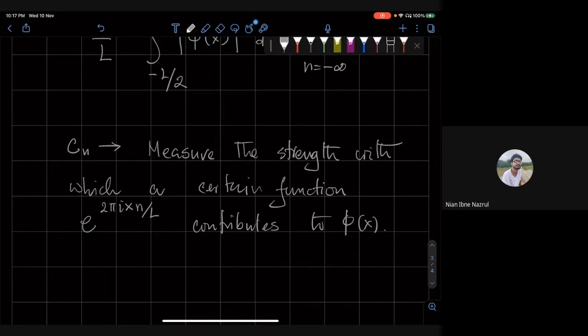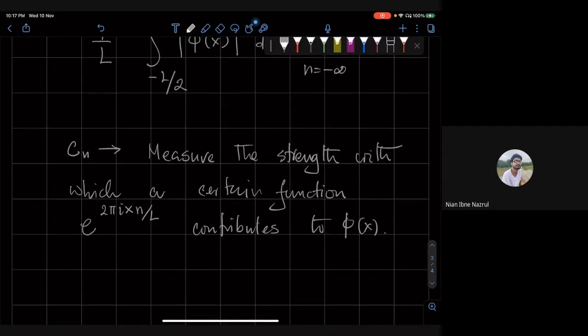So this is basically saying that the Cn's are telling you what is the strength with which that pure sine wave is contributing.